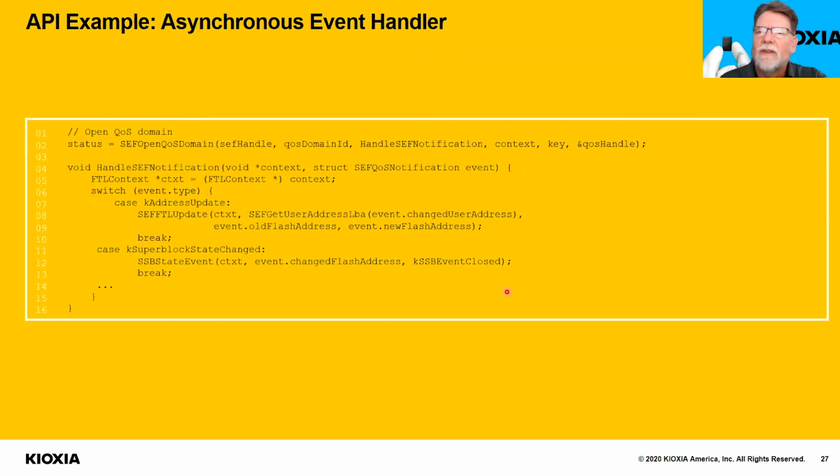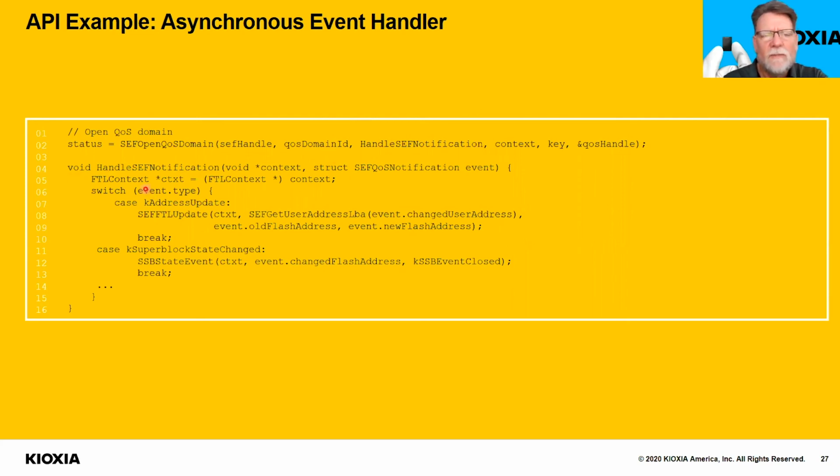As I mentioned in the earlier example, when you open a QoS domain, you can supply a pointer to a notification function. This is an example of an asynchronous event handler. Once again, opening the QoS domain, we passed in a handle to the notification handler. Here's the definition of the notification handler.